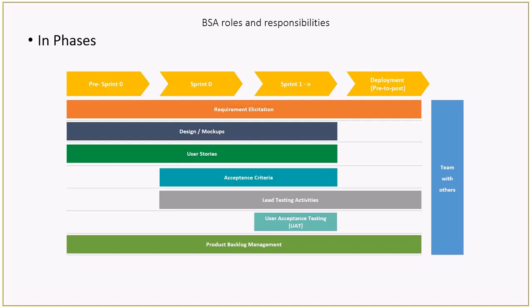Acceptance criteria will be written from sprint 0 to sprint end. At the beginning of each sprint, those should be written properly, accepted by the users and signed off.